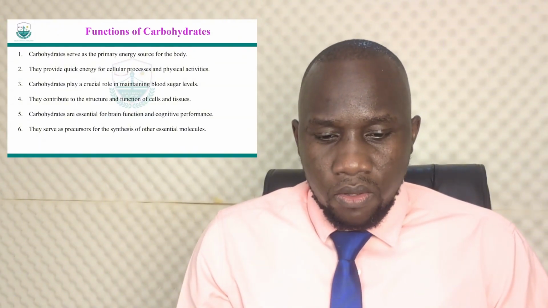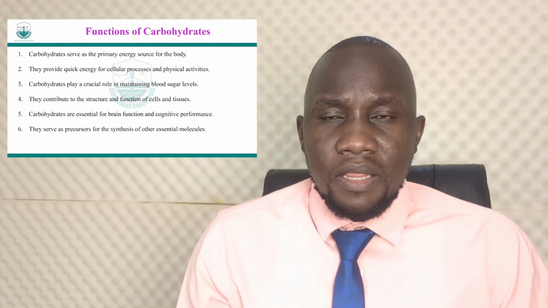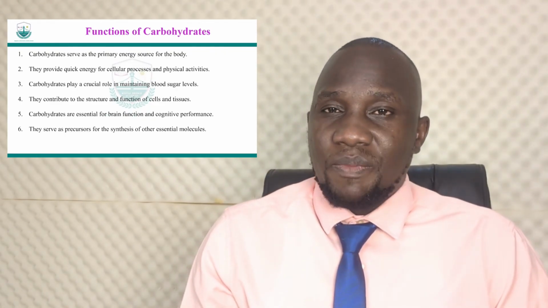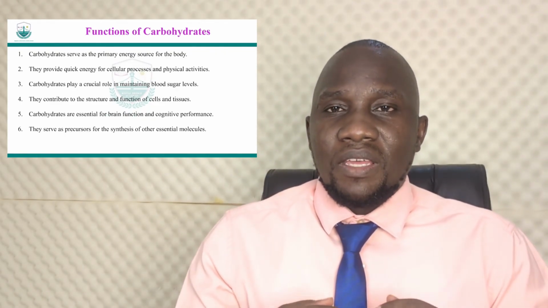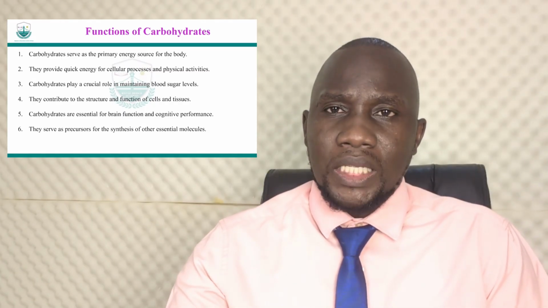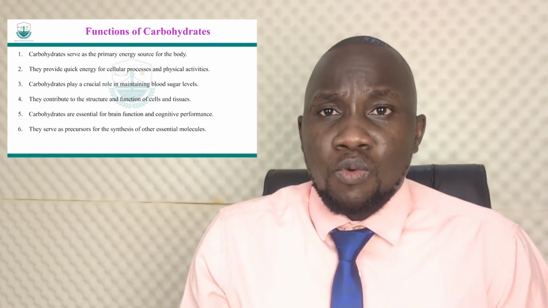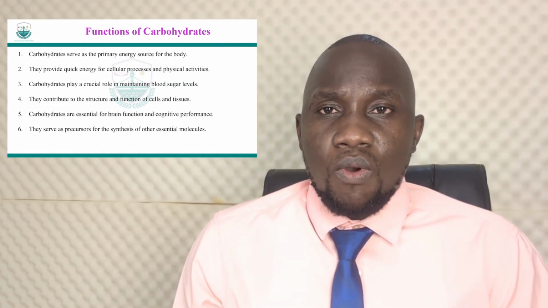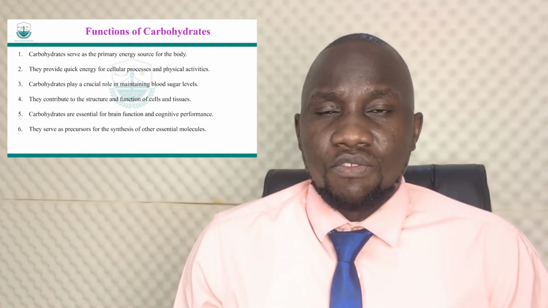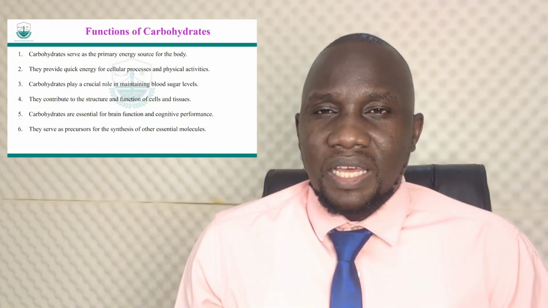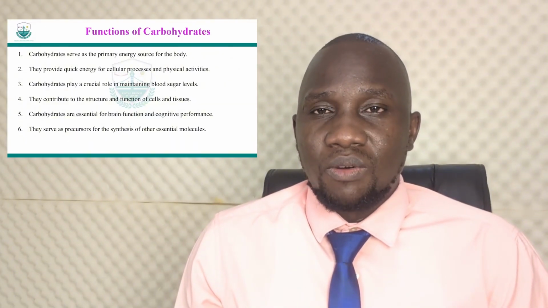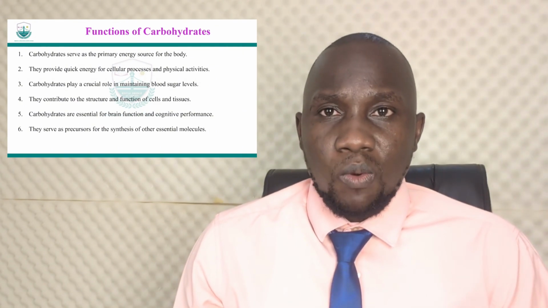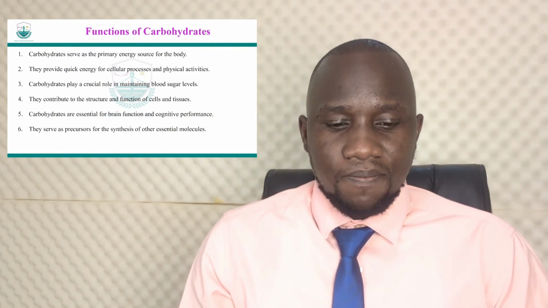Okay, so of course carbohydrates can be stored, and then they can be broken down to release sugars at a rate that we want. In humans, for example, glycogen is the storage form of these carbohydrates, and it is broken down to release glucose only when the body needs it.